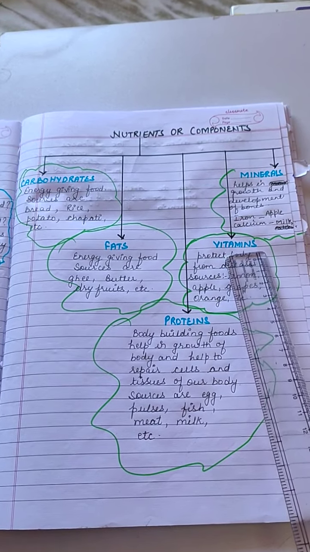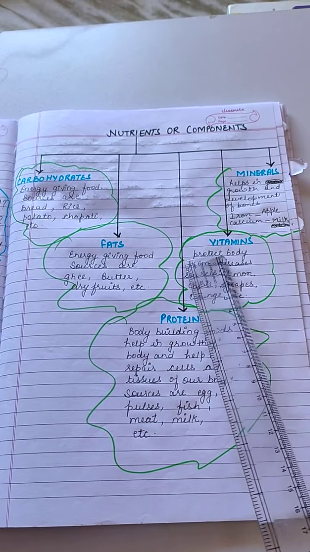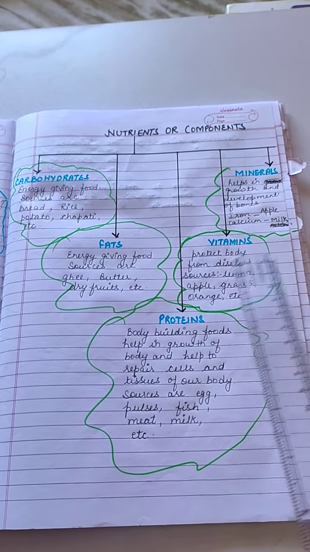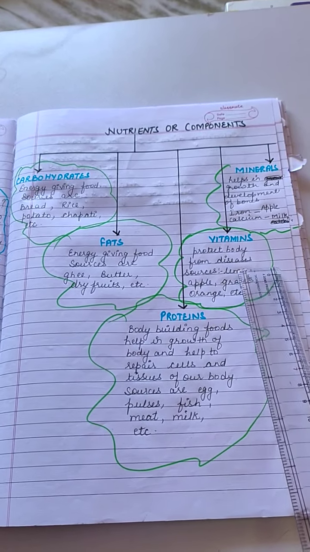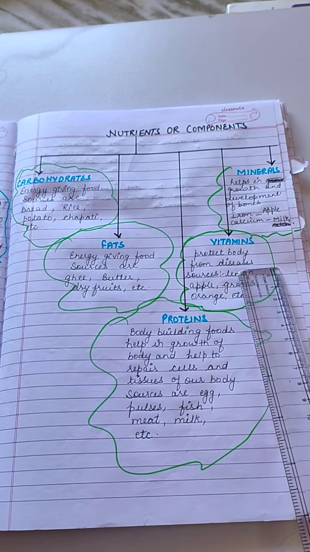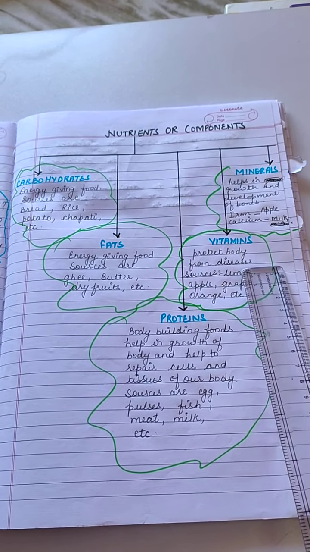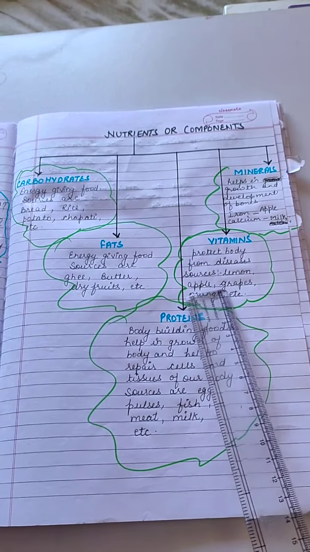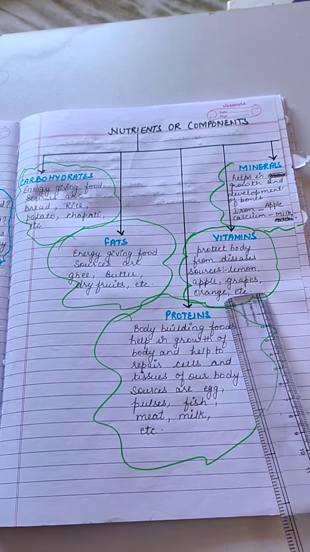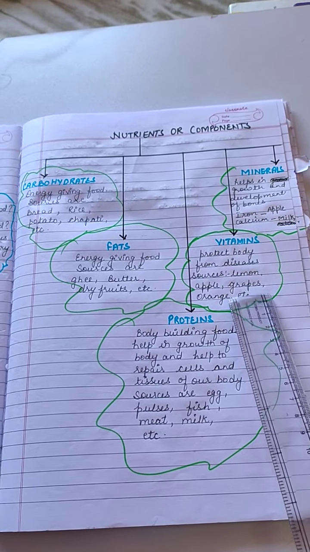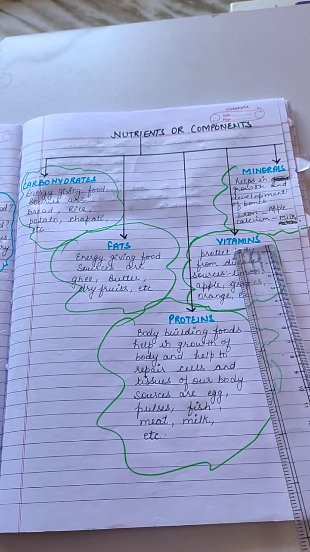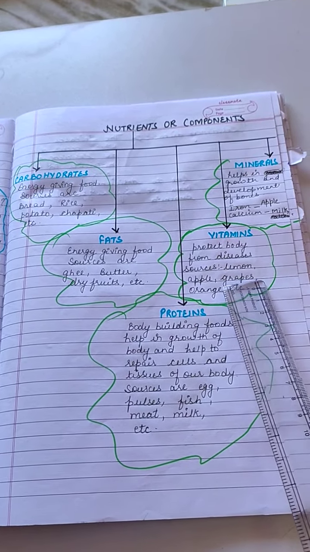Vitamins are of various kinds and they protect the body from diseases. Different vitamins have different functions and they have different sources like lemon, apple, grapes, orange, etc. The different kinds of vitamins we will discuss later on.